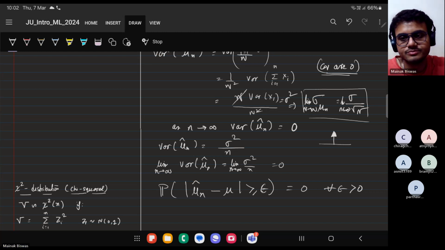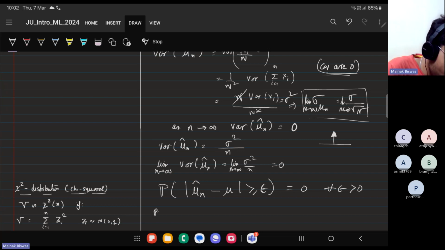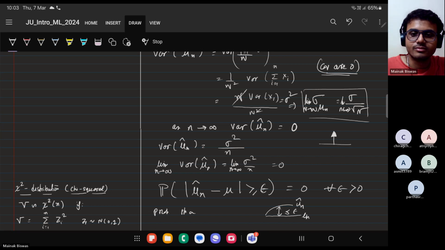If I can show this, what does this mean? It means the gap between mu n cap and the actual mu, which is fixed, is less than epsilon. It is bounded. Yes or no?